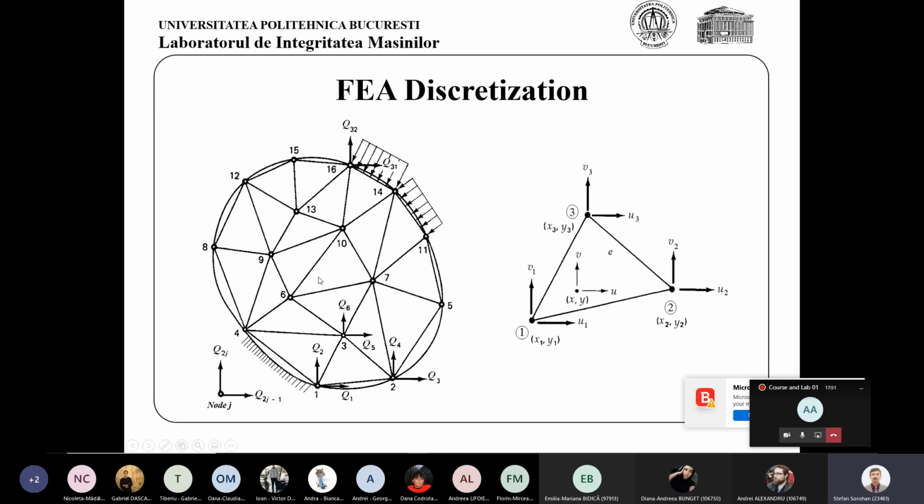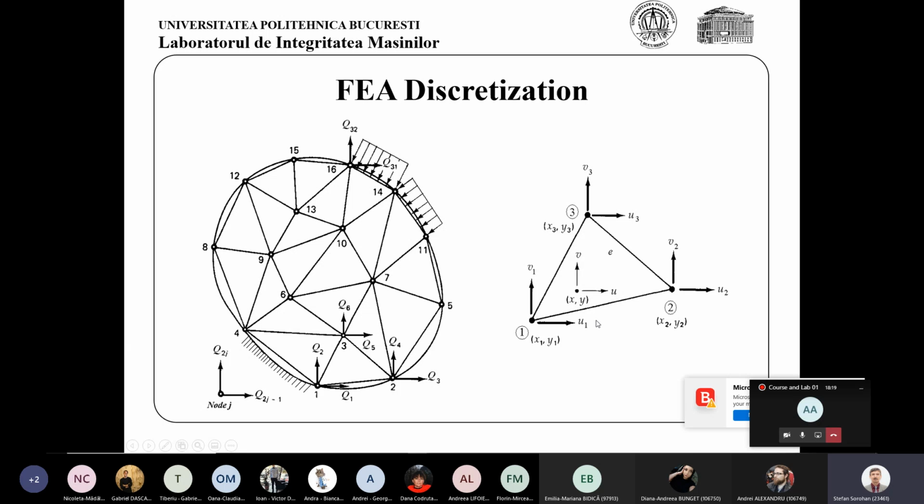And then, as you can see, we have a lot of triangles. We can take an arbitrary one, as this one here, and also using a system of coordinates, which is not plotted here, we can define in each node. So this triangle has 3 nodes, 1, 2, 3. And we can define in each node 2 degrees of freedom. Again, displacement along x, along y.